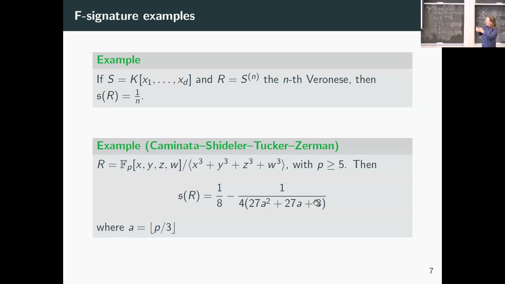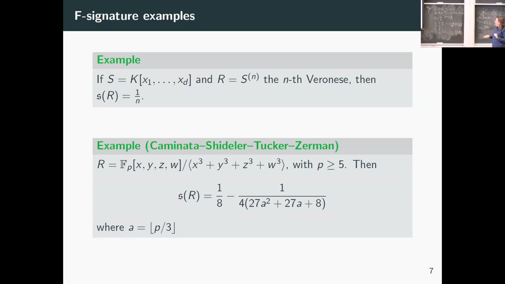And so we're going to get 1/8 minus something that's getting smaller and smaller. And so in some sense, this is saying for larger p's, oh yeah, sorry, a is that guy down there. So this is saying that for larger and larger p's, this is a nicer ring. And this is an idea we'll maybe come back to later.